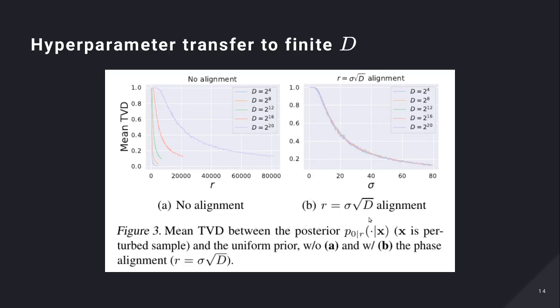But if you use the r equals sigma square root of d trick, you see that they align. So this really means that you get the equivalent kind of behavior for a diffusion model, but with some finite dimensional d in this case.